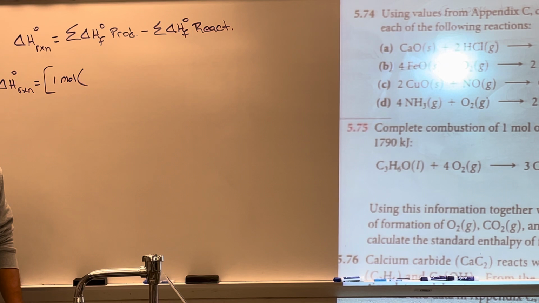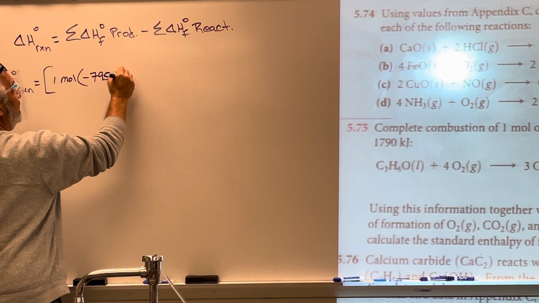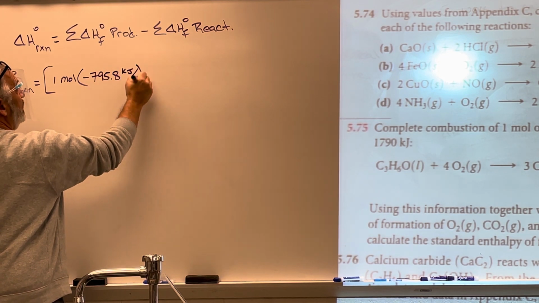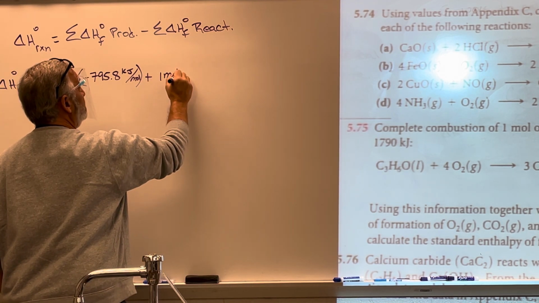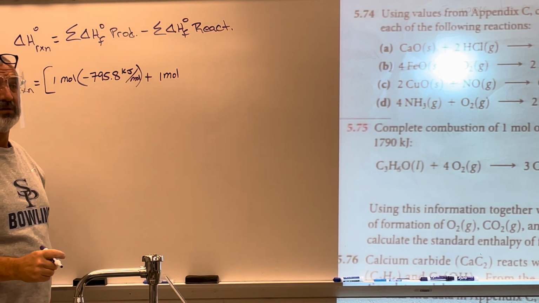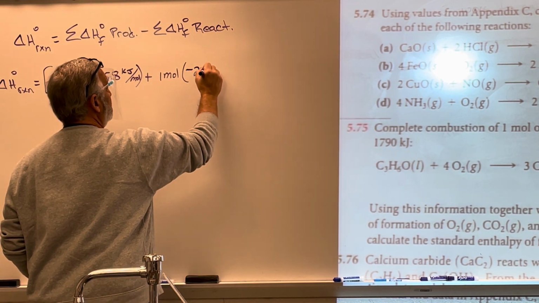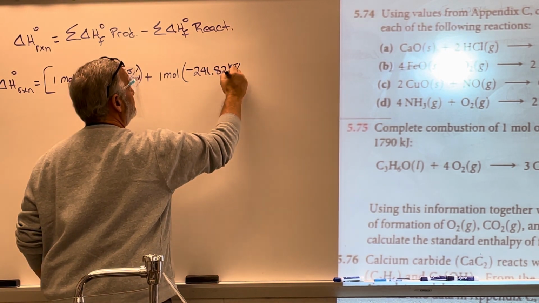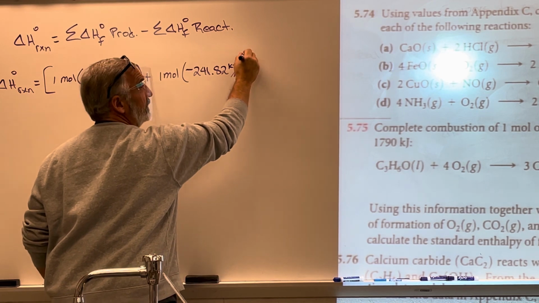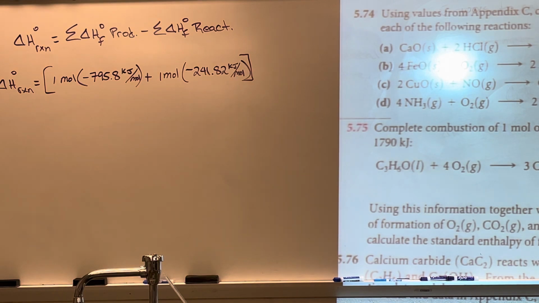Negative 795.8, and that's kilojoules per mole. Plus water, 1 mole, negative 242.8.